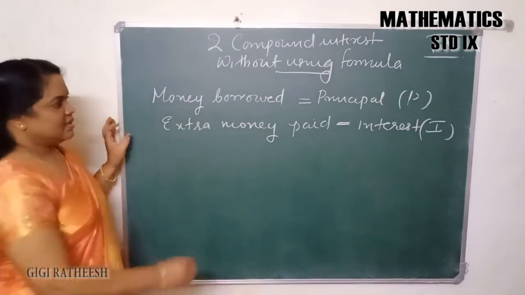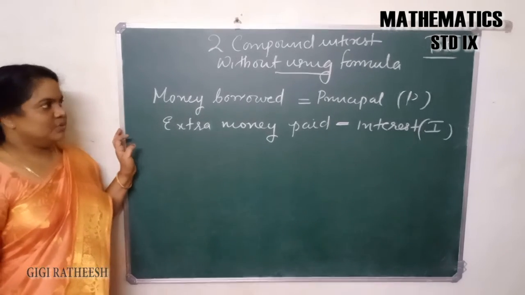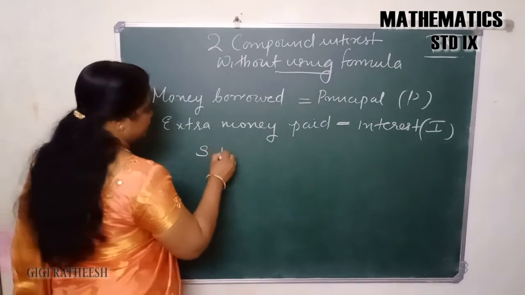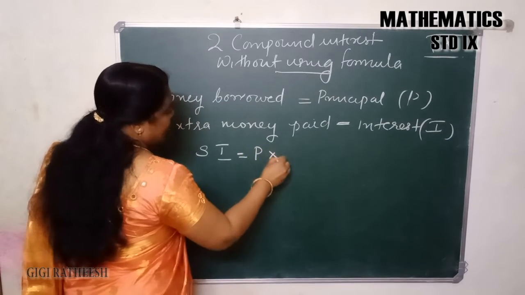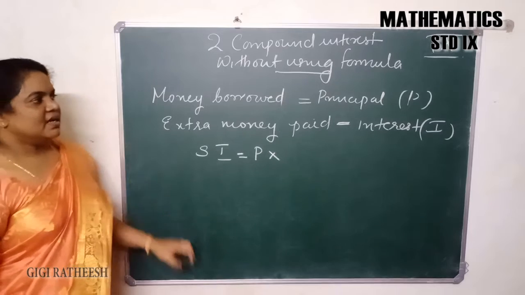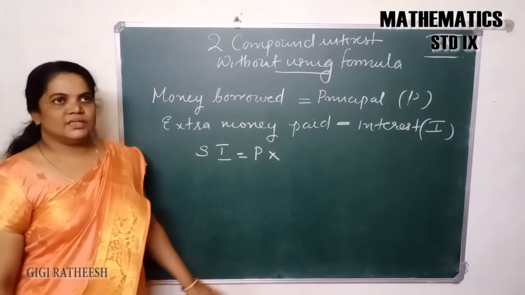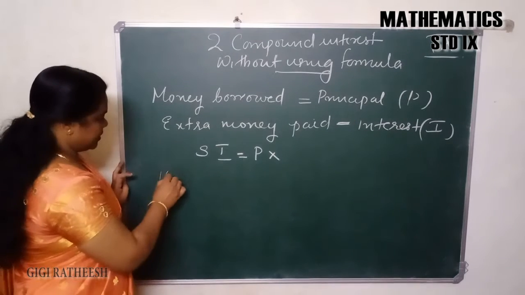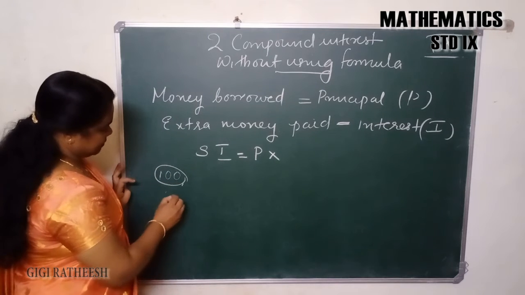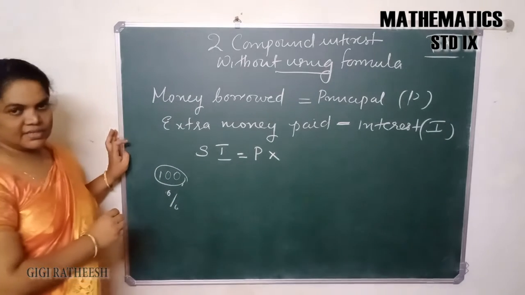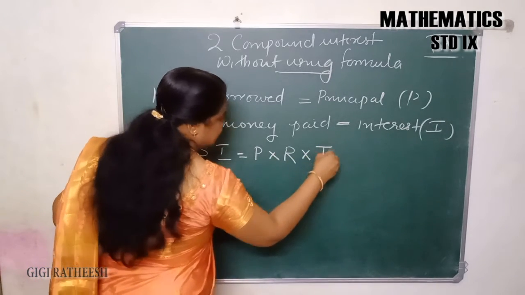The interest is calculated, as in the previous classes from 5th standard onwards we studied how to calculate simple interest. Simple interest is equal to the principal, P, into R, where R is the rate of interest. If we borrow 100 rupees, for every 100 we pay a certain percentage of money as interest, that is the rate of interest, into the time period for which we borrow.